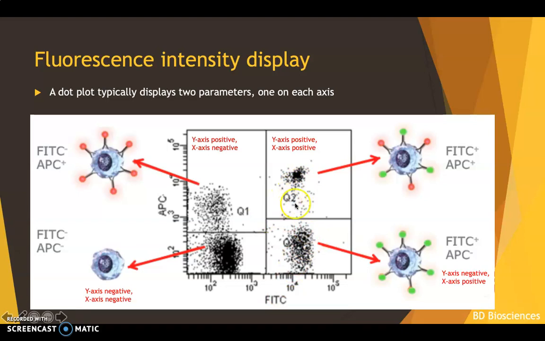Whenever we say Q1, what is the population of Q1? We can substitute the colors with the antibodies. So CD4 positive, CD8 negative for Q1. For Q2, it's CD4 positive and CD8 positive cells. I hope that makes sense.